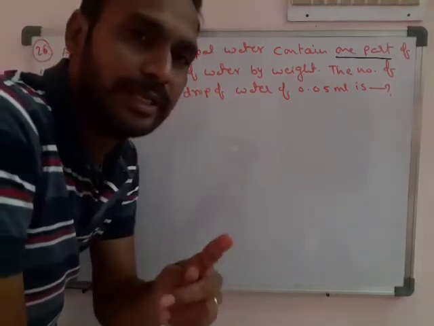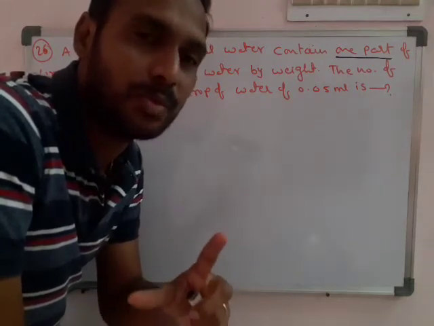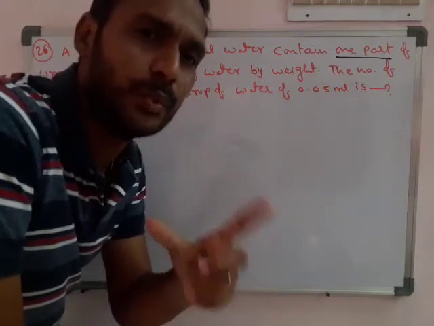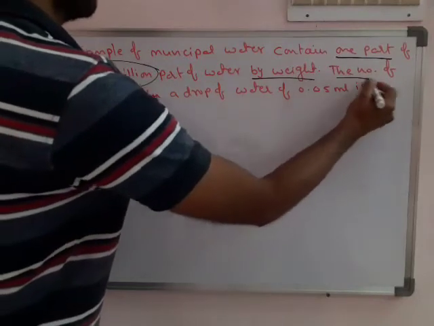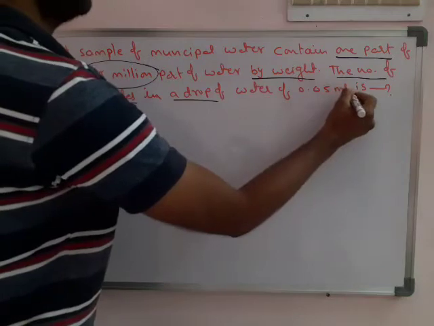In 10 power 6 parts of water, there is 1 part of urea as an impurity. By weight, we have to find the number of urea molecules in a drop of water.